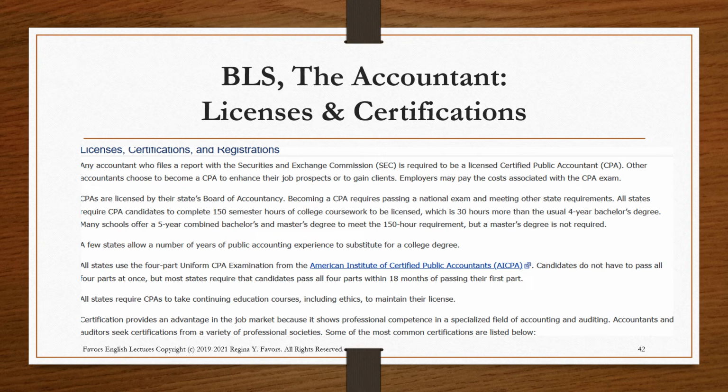Why do I have to now go get a licensing? Well, that's the field. The field requires it, right? But it's good that you only have 30 more hours past the 4-year bachelor's degree. Now, you can get that through the master's degree because that's about 30 credit hours. But if you find a program that's a 5-year program combining bachelor's and master's degree, that may be a better deal for you.